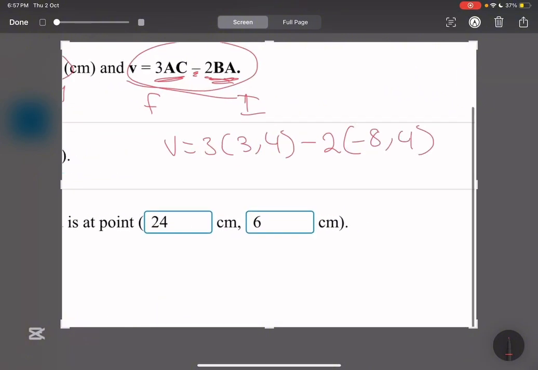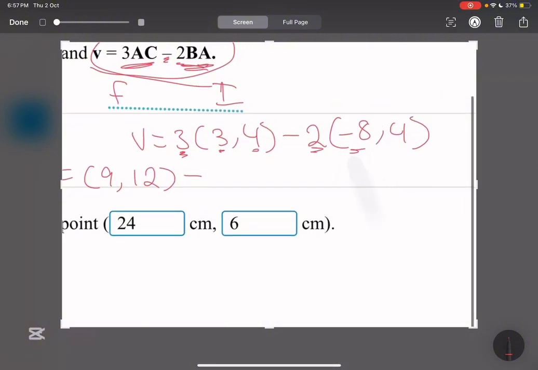So v is equal to 3 times the x, which is 9, and then 3 times the y, which is 12, minus 2 times the x, which is -8, sorry, I meant -8. -2 times -8 is going to be positive 16. And then -2 times 4, which is the y, is going to be -8.